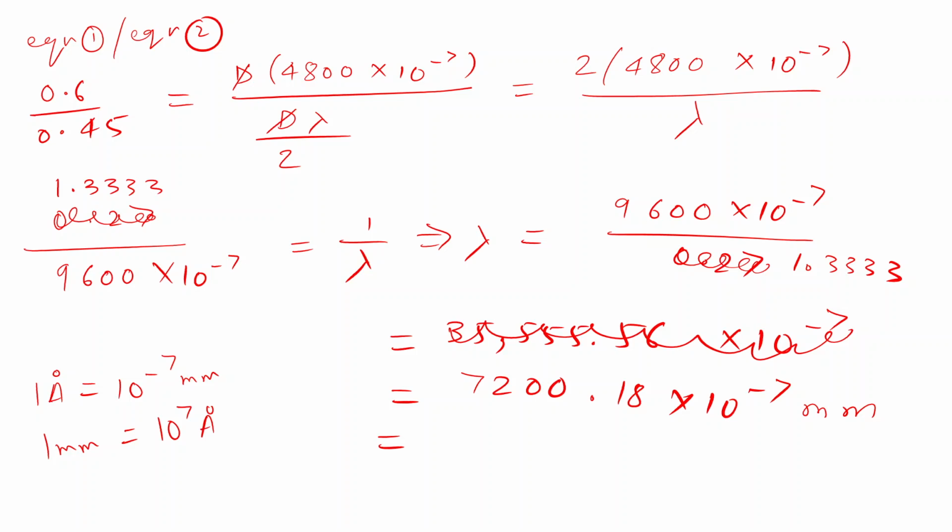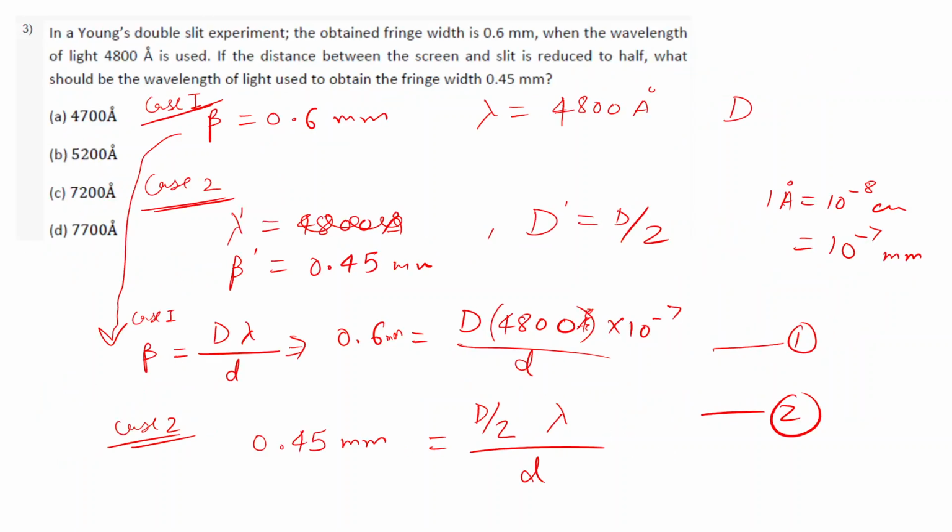So this will be 7200.18 angstrom, and the matching answer here is option C. If we ignore the decimal, 7200 angstrom is the answer here.